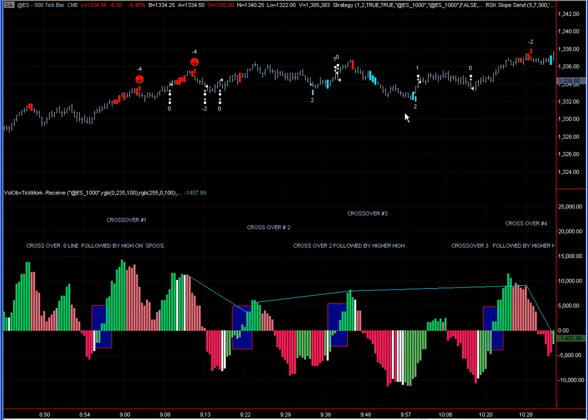Now, let's contrast that to a slightly different type of divergence. And it seems like the crux of the matter of trying to define this condition is based upon a crossover. In the rectangular boxes here, we've identified several instances where the volume bars are crossing over the zero line.